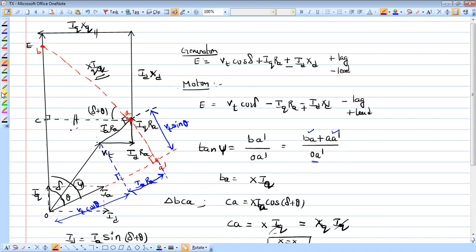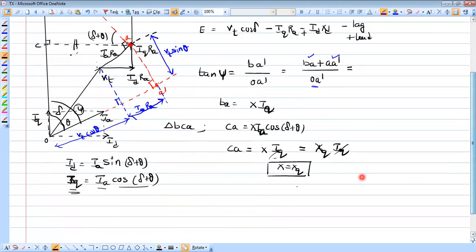So that will be the equation of tan psi. So I'm writing here tan psi. Tan psi is equal to BA. What is this BA? It is XQ into IQ, plus what is A dash? Here in the phasor diagram, A dash is VT sine theta. VT sine theta. Okay.